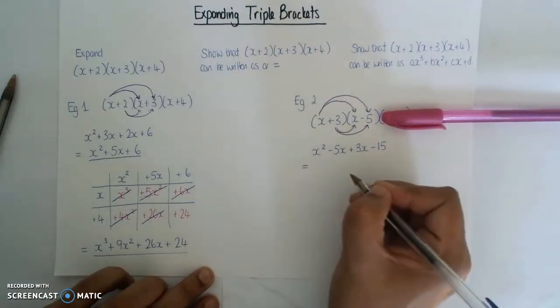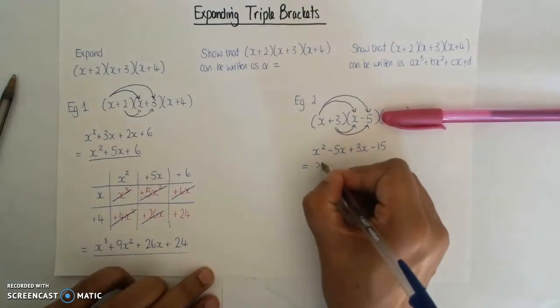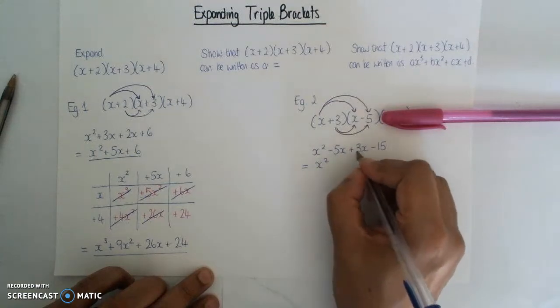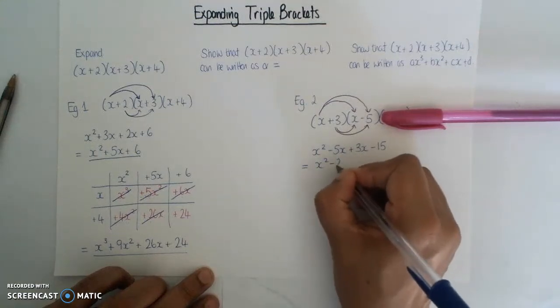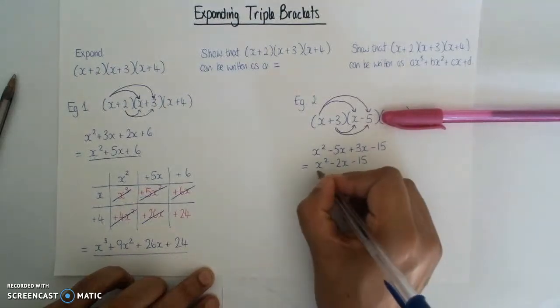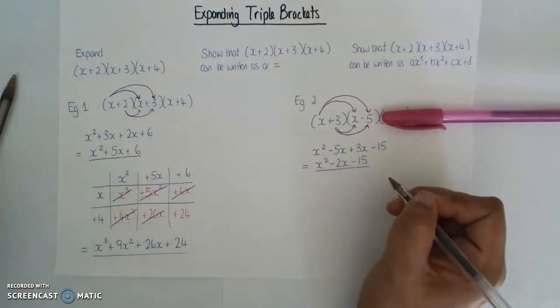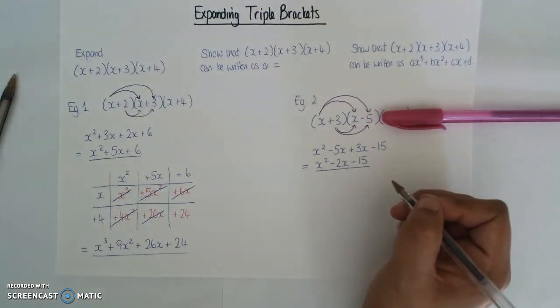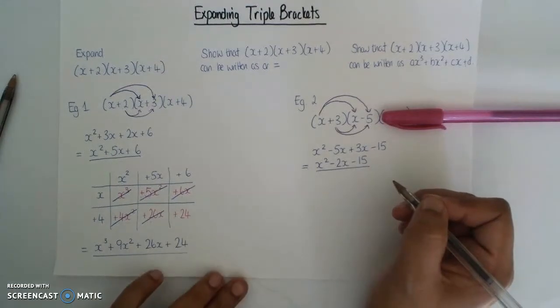And let's just simplify that bit. So my x squared is staying. Minus 5 add 3 is minus 2x, minus 15. So that's our answer to the first two brackets being multiplied. Exactly the same as we know how to do anyway.